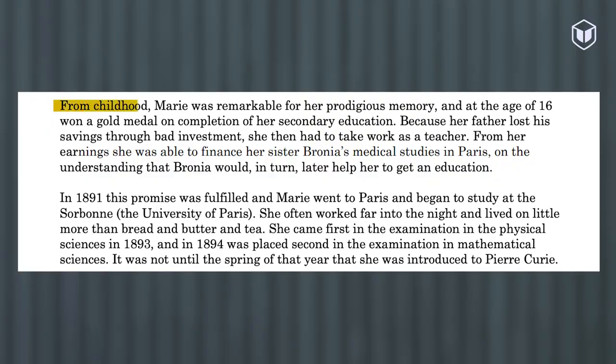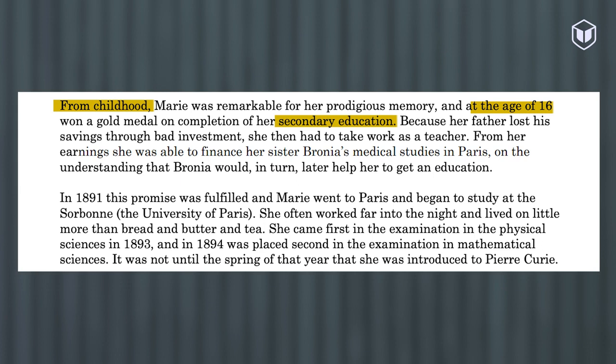Let's start reading from where we last left. From childhood, Marie was remarkable for her prodigious memory and at the age of 16 won a gold medal on completion of her secondary education. Because her father lost his savings through bad investment, she then had to take work as a teacher.